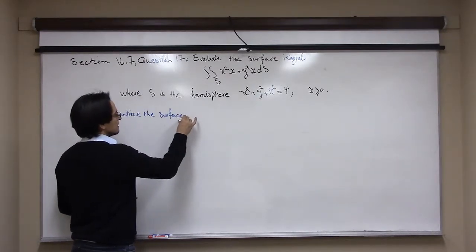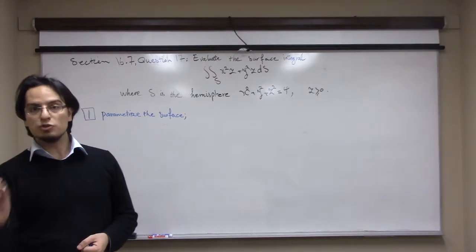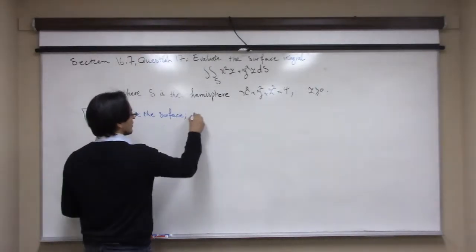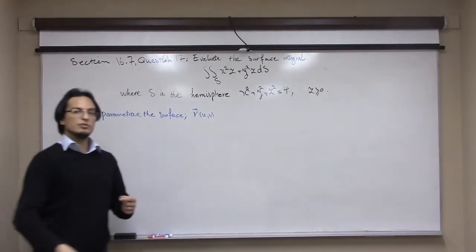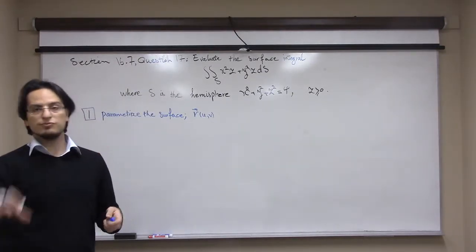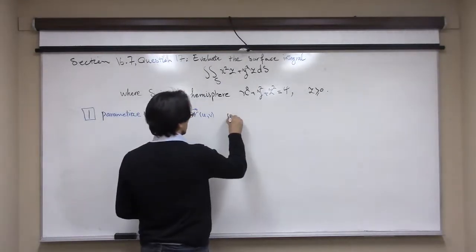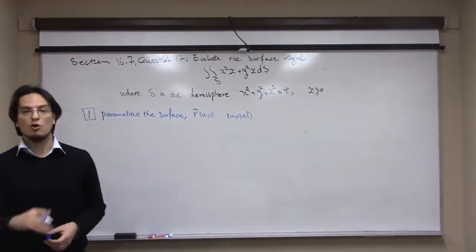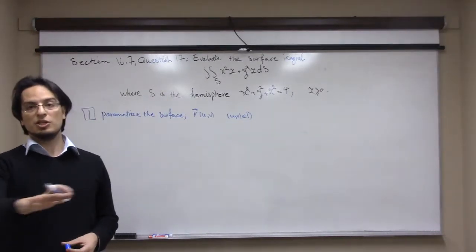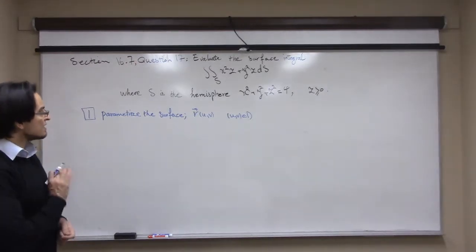Meaning that you find a vector function r(u,v) such that when you evaluate it over values of (u,v) you cover that surface. So you not only need to find that, you also need to find the boundaries or the region on which the parameters vary. So that's the first step.